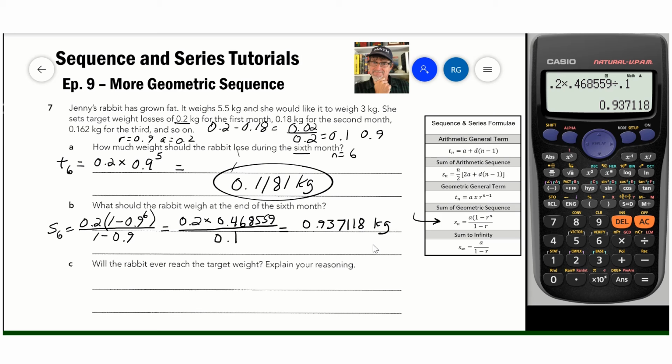That's not what they're asking, is it, though? They're asking what should the rabbit weigh at the end of the 6 months. So we've got to start at 5.5.